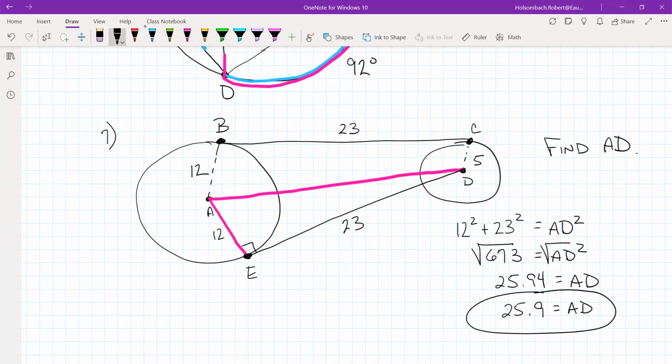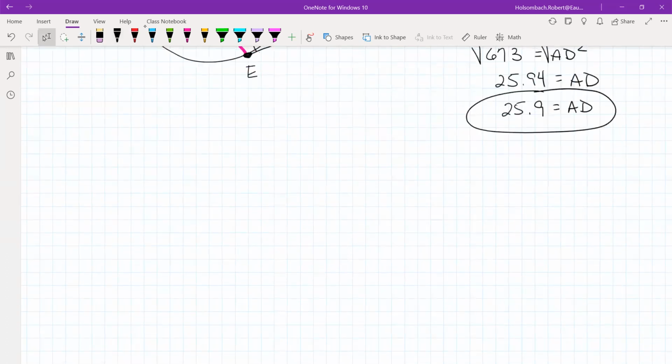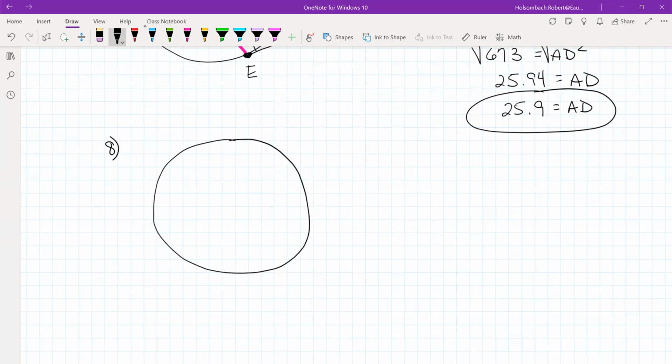All right, number 8. We've got circle O again. And we've got point N connected to O, and O goes to Q, which is on the circle.